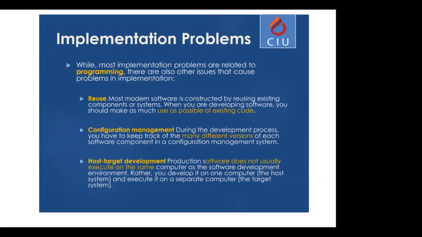Finally, host-target development. Production software does not usually execute on the same computer as the software is being developed. So you can use a very powerful machine to develop a specific software, but not all the users will have the same, such as you develop a specific app on a computer, but the app will be used on a smartphone.